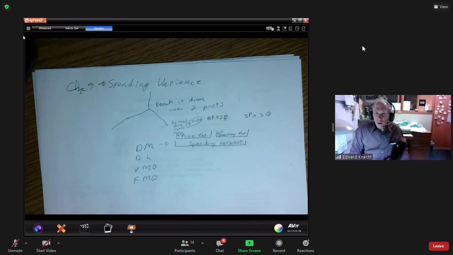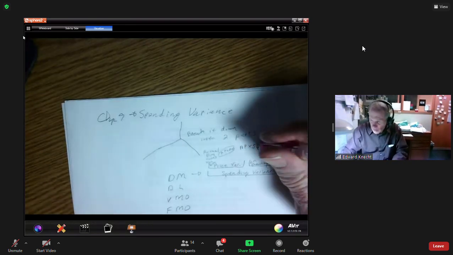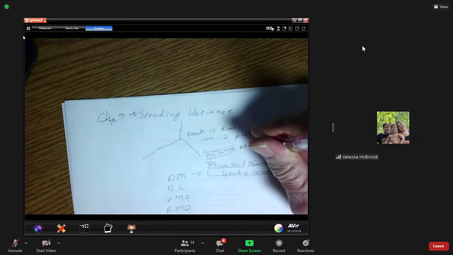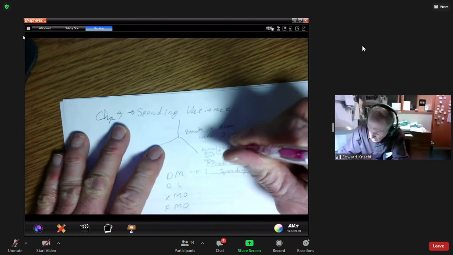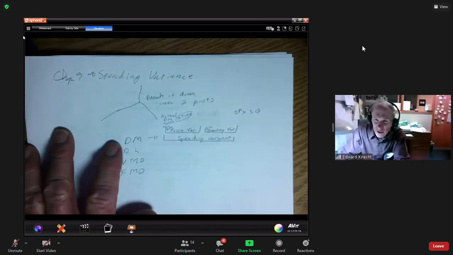Whoa. Actual price times the, oh, I made a mistake here. Wait, how's that work again? I got this middle one mixed up. I'm going to have to look at that chapter.